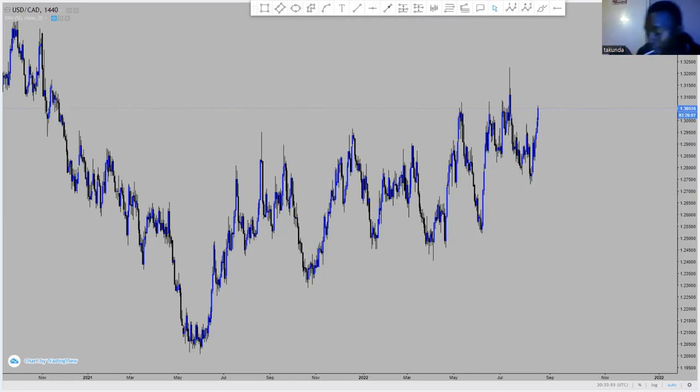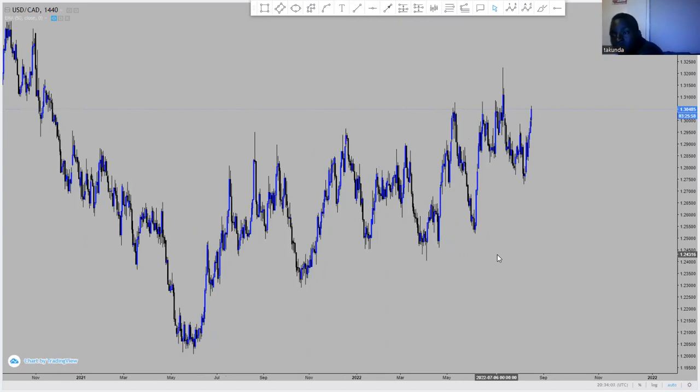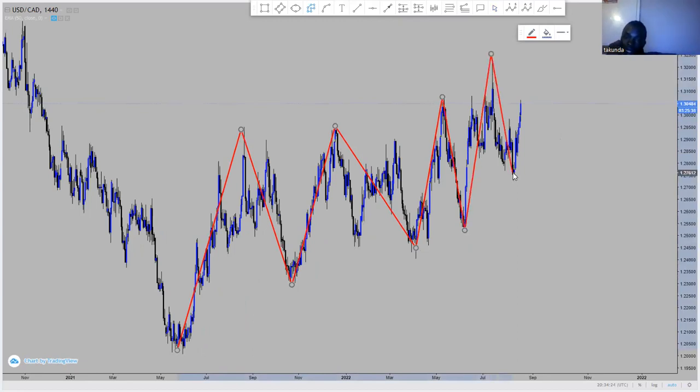Just for example, I want to analyze this USD CAD for you. According to what we are seeing, if we look at market structure, if you check what was happening: higher high, higher low, higher high, came back, higher low, higher high, higher low, higher high, higher low.